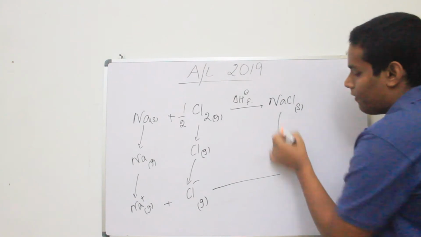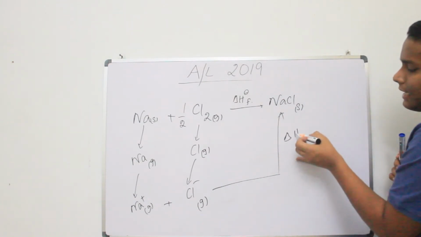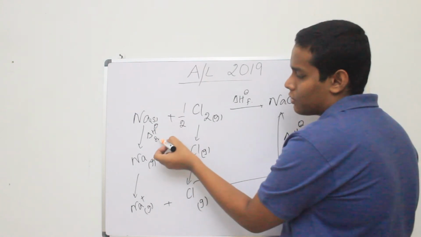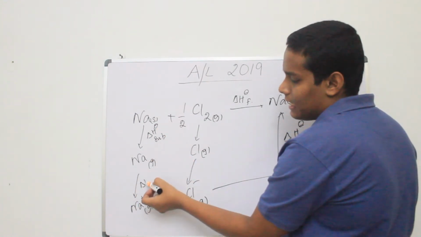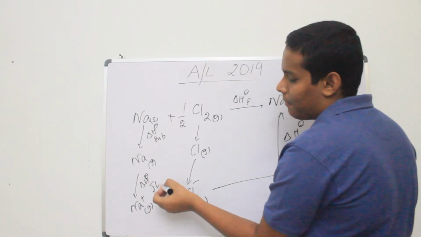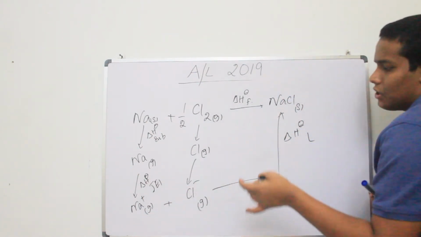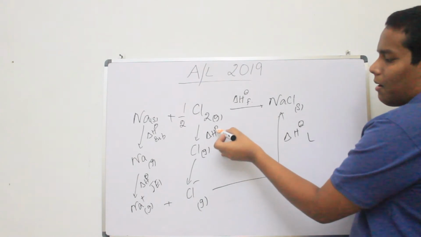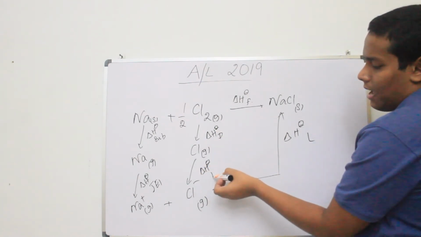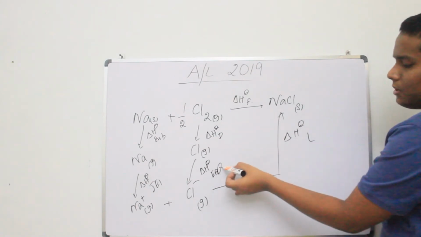So these two together will give you this. This is lattice enthalpy, delta H theta L. This is delta H theta sublimation. This is delta H theta IE1, the first ionization energy. This is delta H theta bond dissociation enthalpy. This is delta H theta EA, electron gain enthalpy.